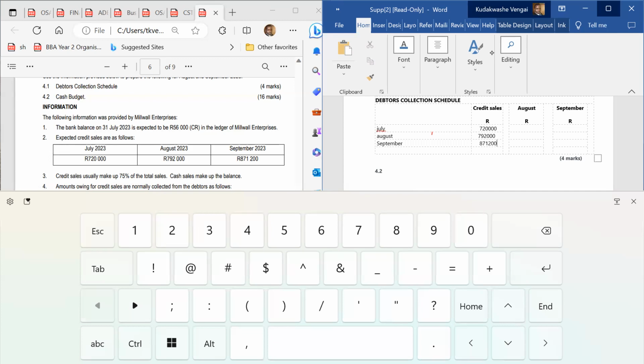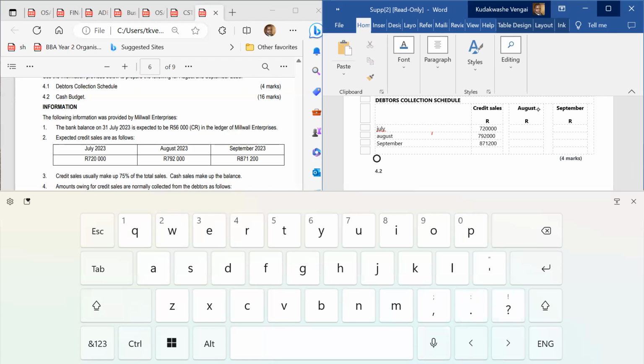Now remember, we're creating a data collection schedule. How much of the data did we collect in August? How much did we collect in September? The last one here will be the total collected. Point number 3 says credit sales usually make up 75% of total sales.